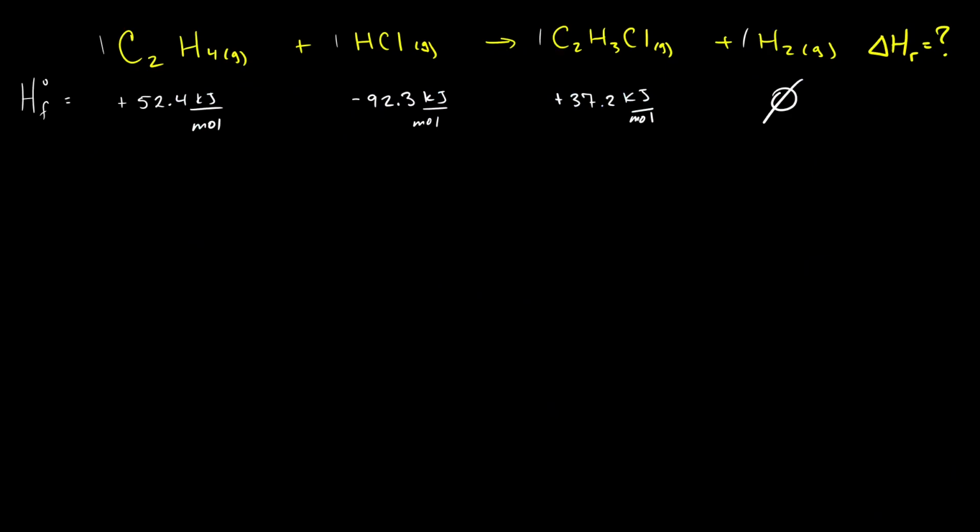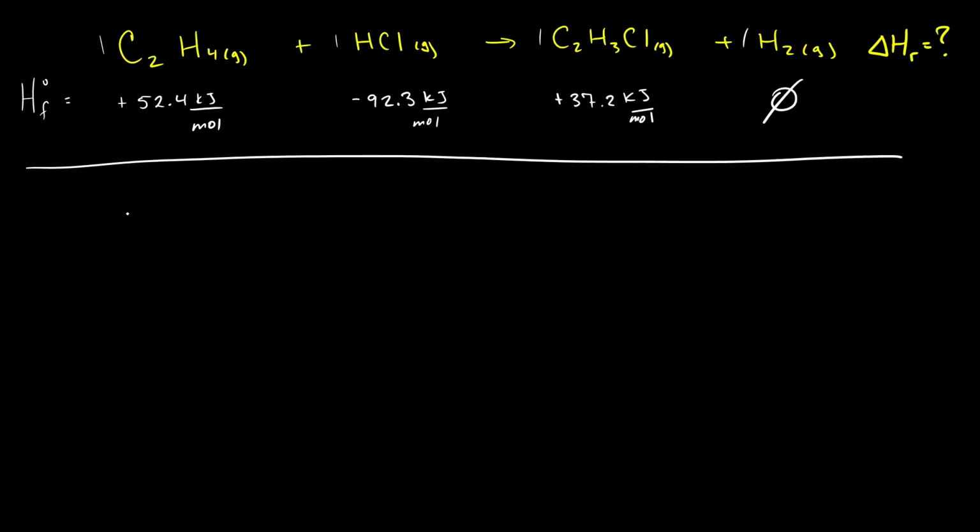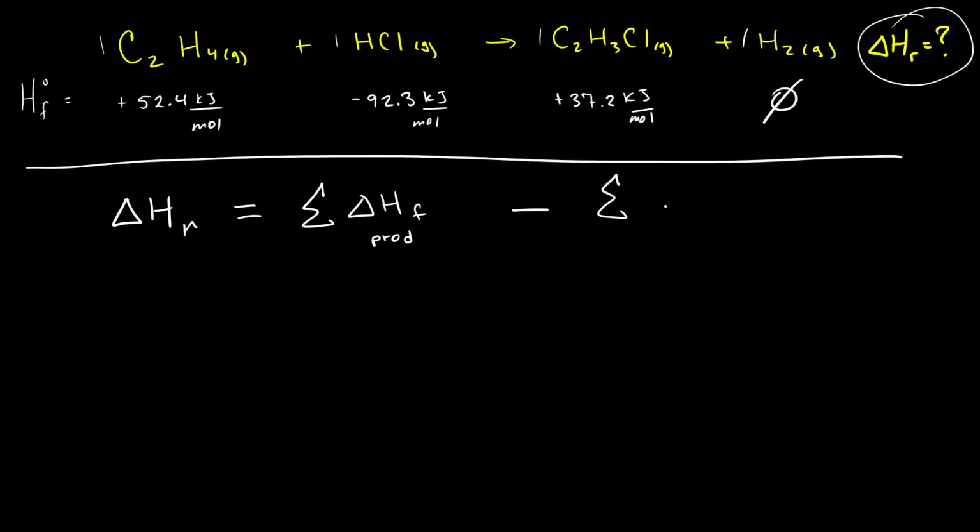If you are confident, you can say that the delta H of the reaction, that's this guy here, is equal to the sum of the delta H of formation of the products, we're skipping a step, minus the sum of the delta H of formation of the reactants, where delta H equals nH.